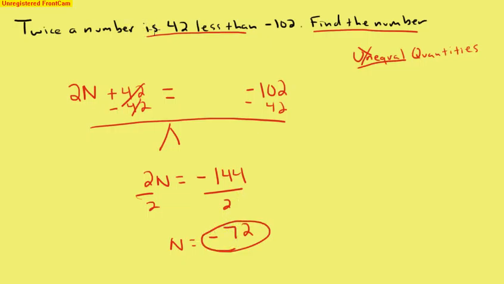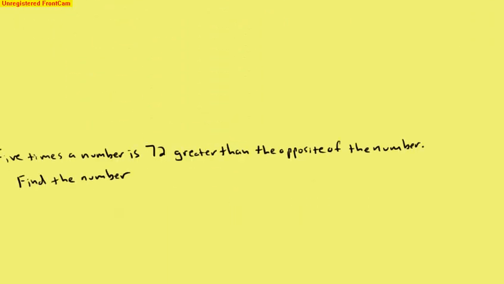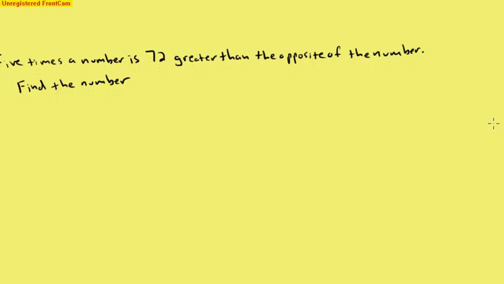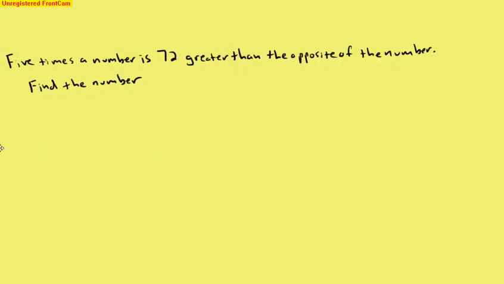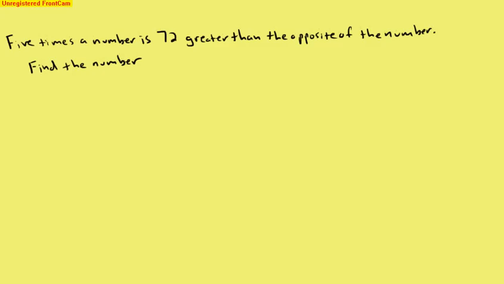So we've got to get used to this idea that they're not originally equal, but we are going to make them equal. We're going to make them equations. Similar problem: 5 times a number is 72 greater than, I'm going to underline that, the opposite of the number.